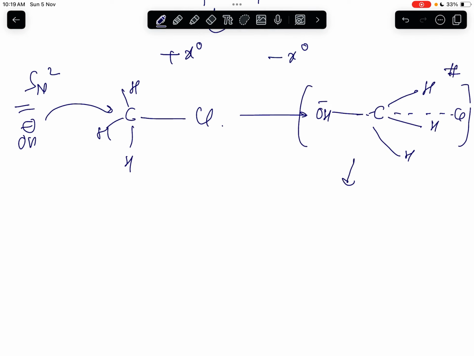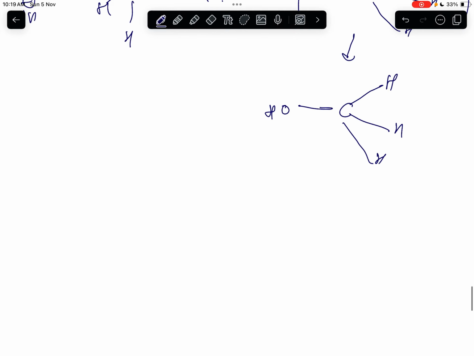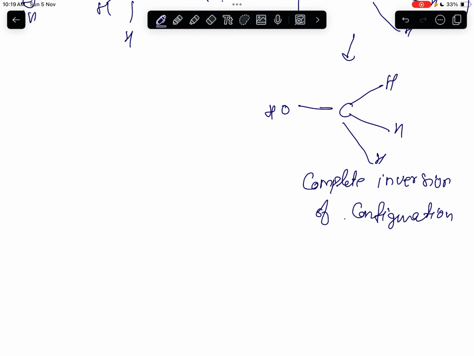So the complete inversion of configuration takes place. Inversion of configuration is shown by the SN2 mechanism.